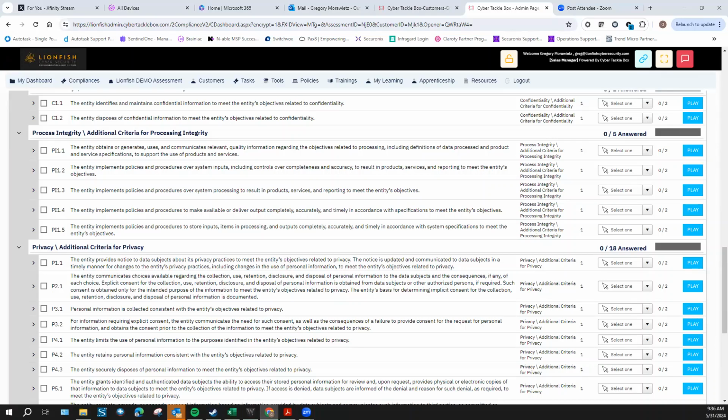That's why SOC 2 compliance takes months, 4 to 5 months to complete. That's why the auditor charges like $18,000 to $24,000 per audit session, because they go over hundreds of pieces of documents. They have to review them all, and they may suggest that you change the wording or things like that.